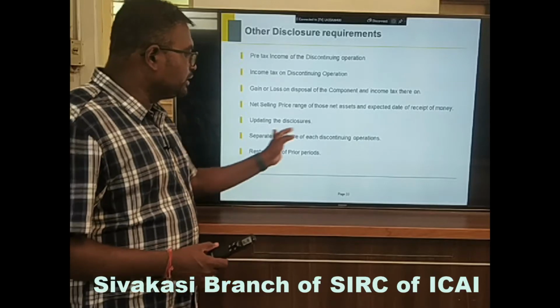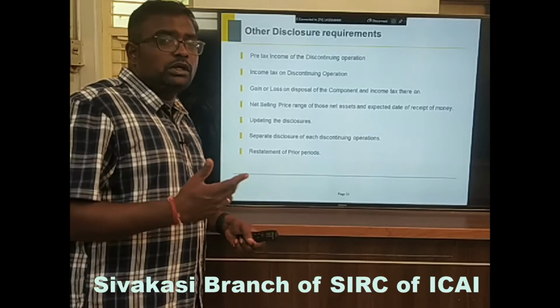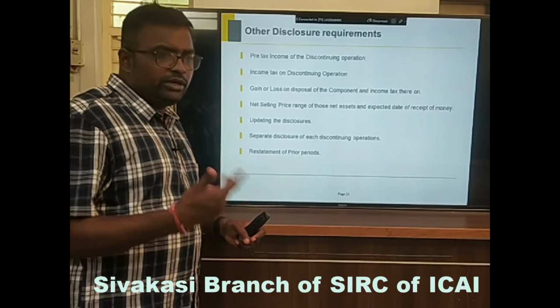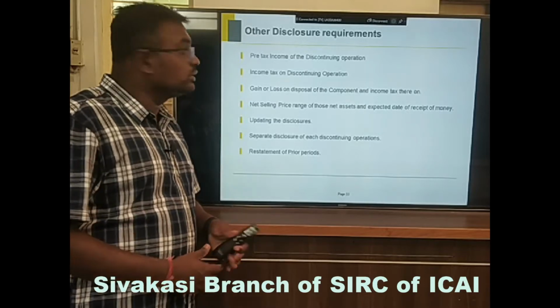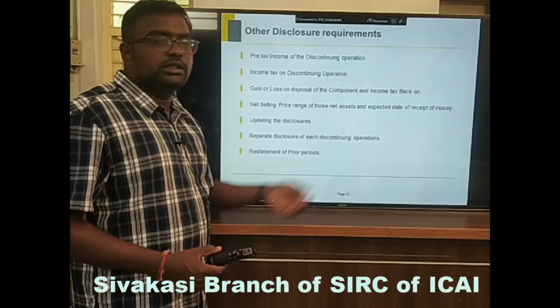And on updating the disclosures, you keep updating, because the discontinuing operation might not happen in a single year; it might happen over several years. So you keep updating these disclosures, with separate disclosure for each discontinuing operation.